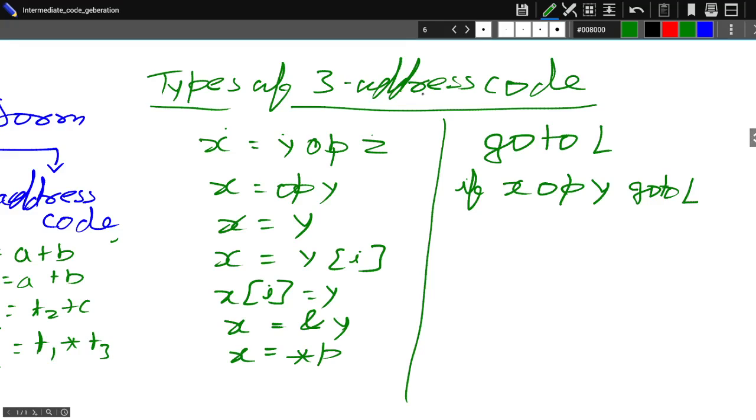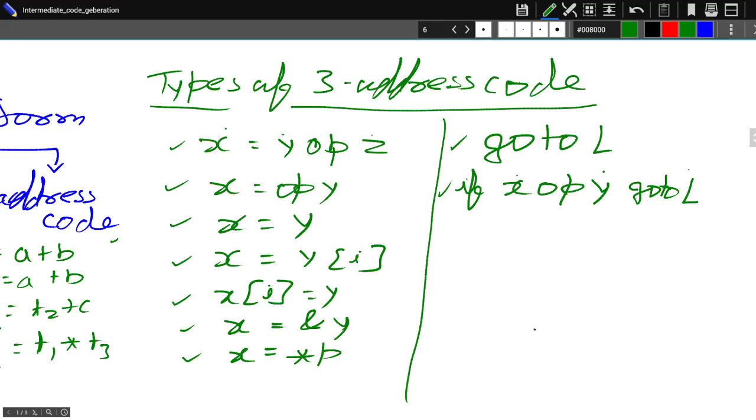Why? Because x is 1 memory, y 2 memory and L 3 address, so this will work. These all are allowed in 3 address mode. So anything you are having where more than 3 variables are being used, it will not be allowed.